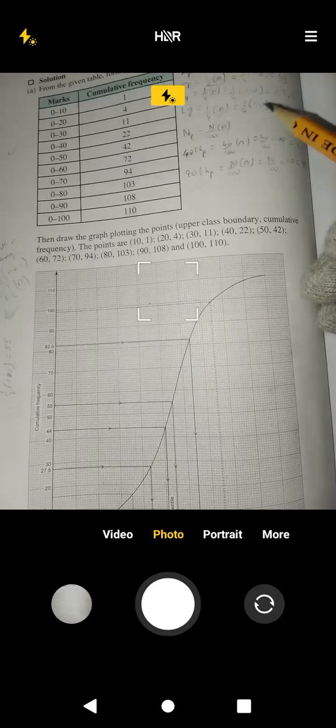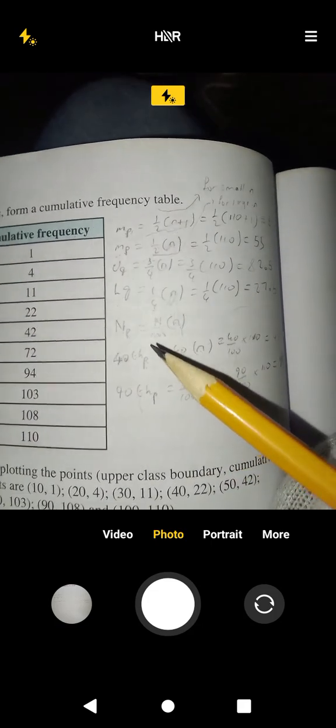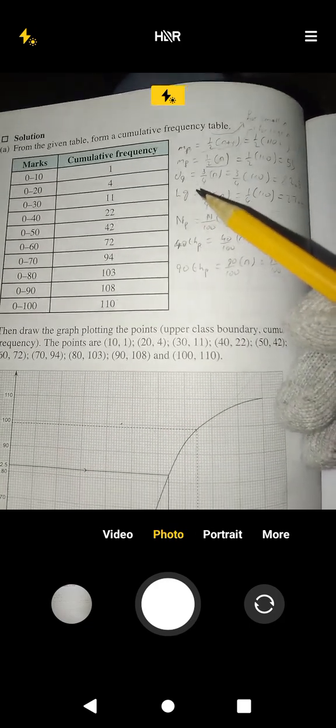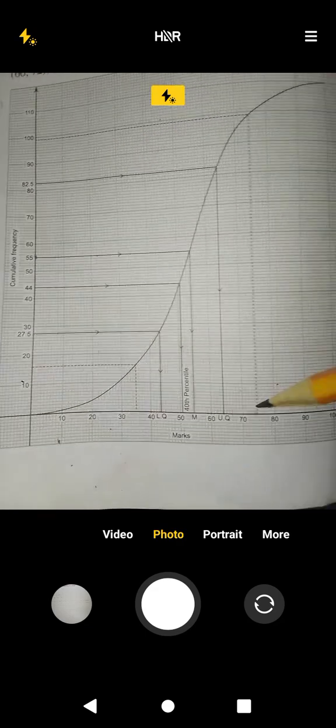If in case you have used n+1 for your entire calculations, don't worry. If your results were very close to what we have found right here, then you are correct.